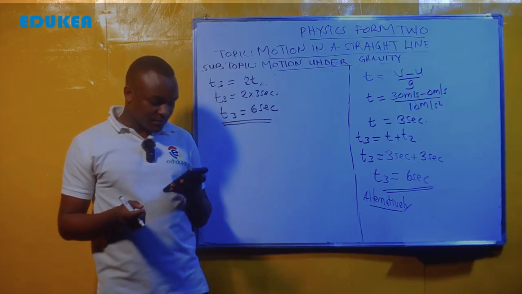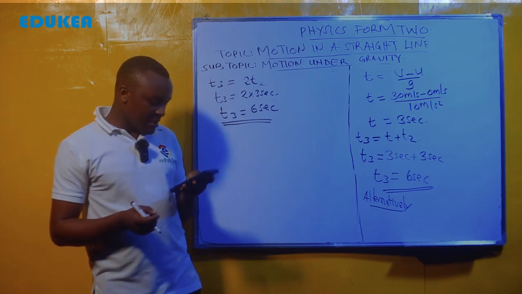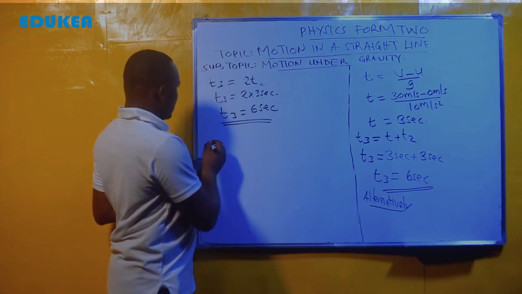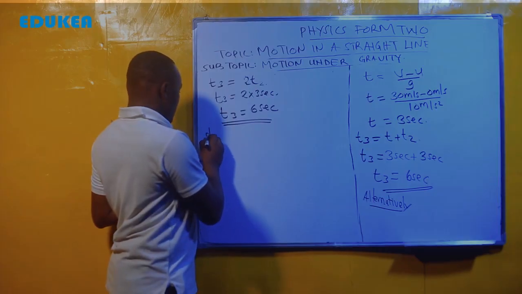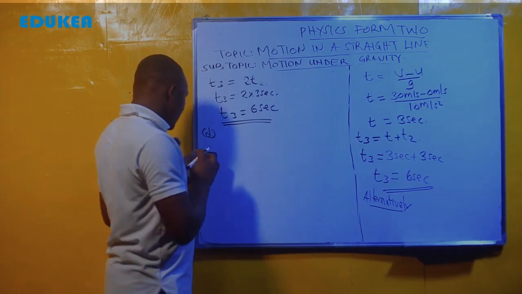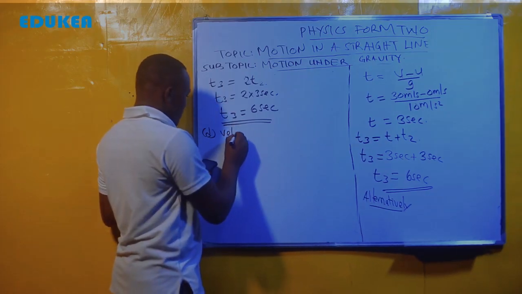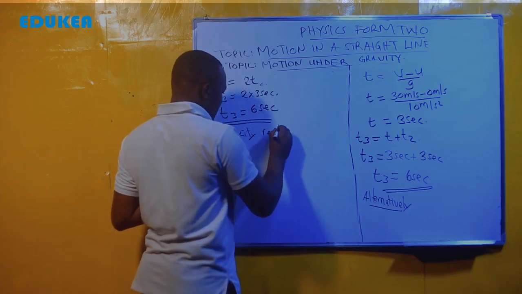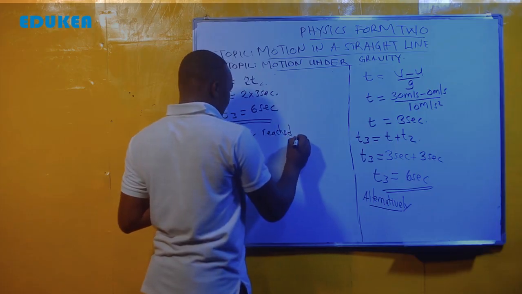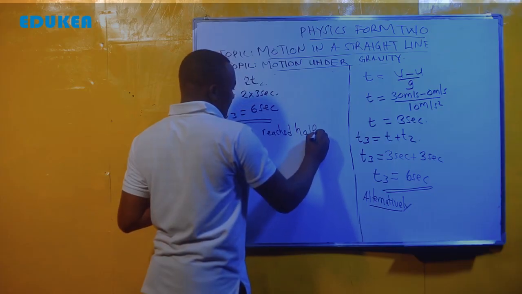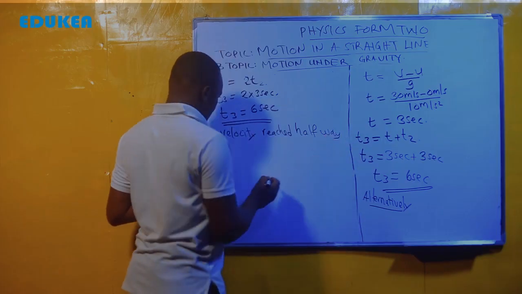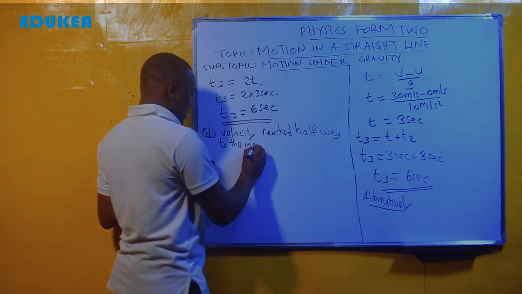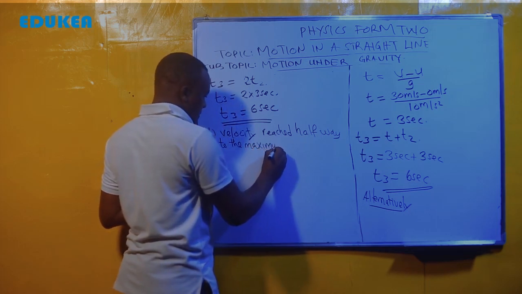So now let's finish part D of the question. We were required to find the velocity reached halfway to the maximum height.